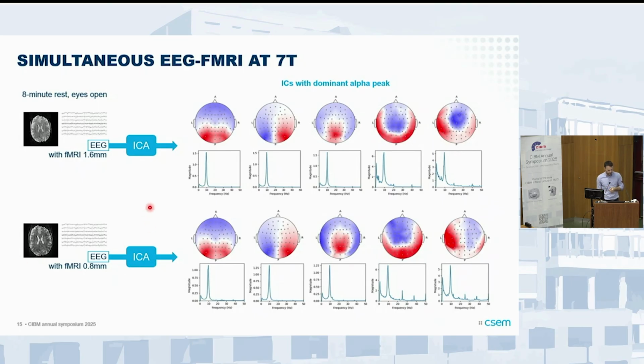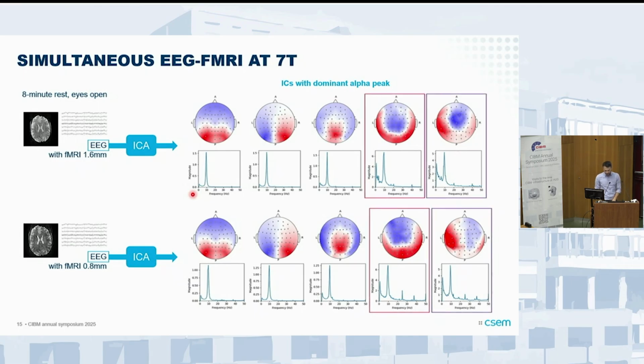So here we just did ICA decomposition of the EEG from combined recordings, either with fMRI at 1.6 or 0.8 millimeters, and then choosing components that had a very pronounced alpha peak, which is the dominant activity of EEG at rest, awake rest. And one observation we can already see is that ICA actually gives quite reproducible components between the two acquisitions for pretty much all the participants we had.